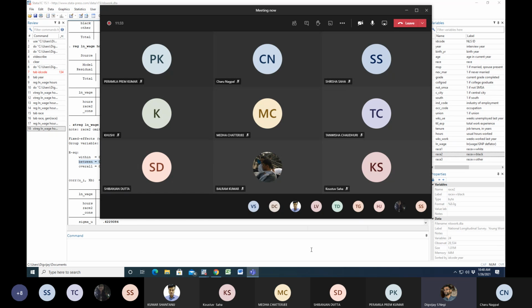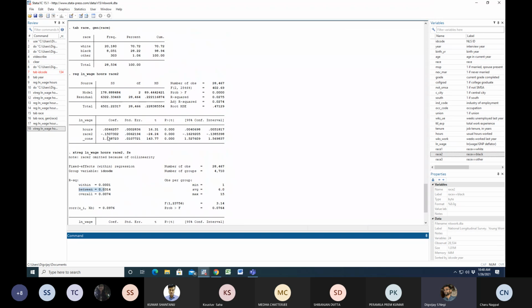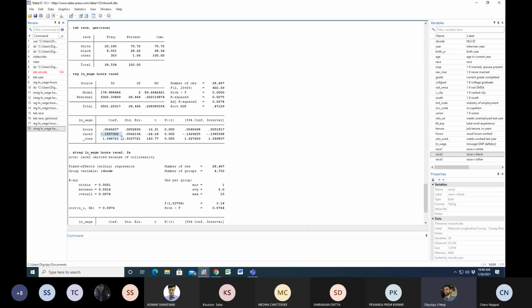Our dependent variable is log wage, so you can interpret this in percentage terms. If you are black, you get approximately on average 15% less wages than a white person.